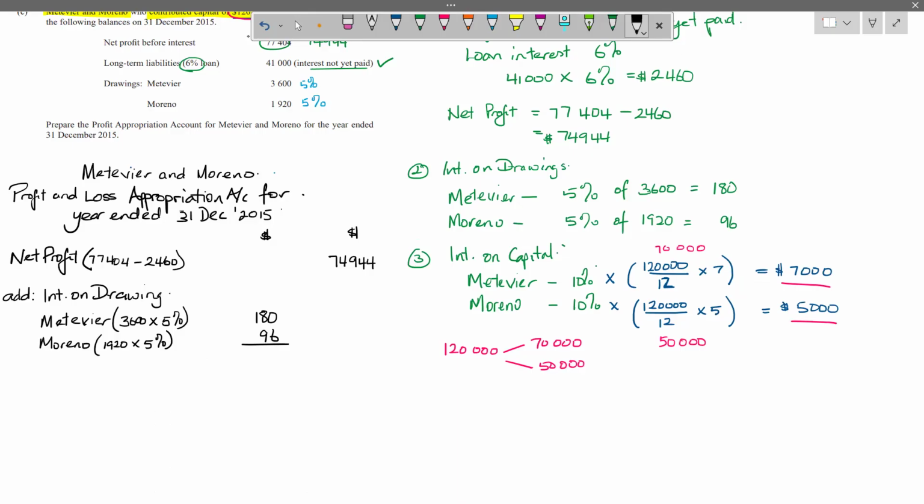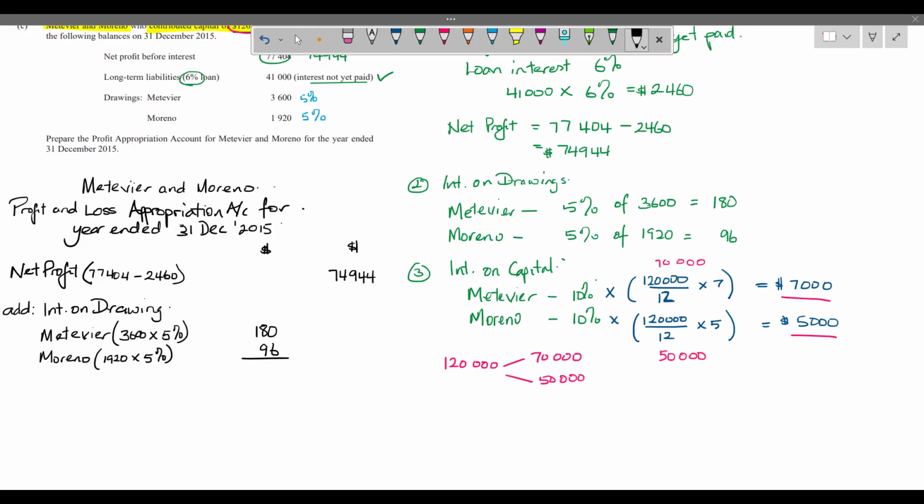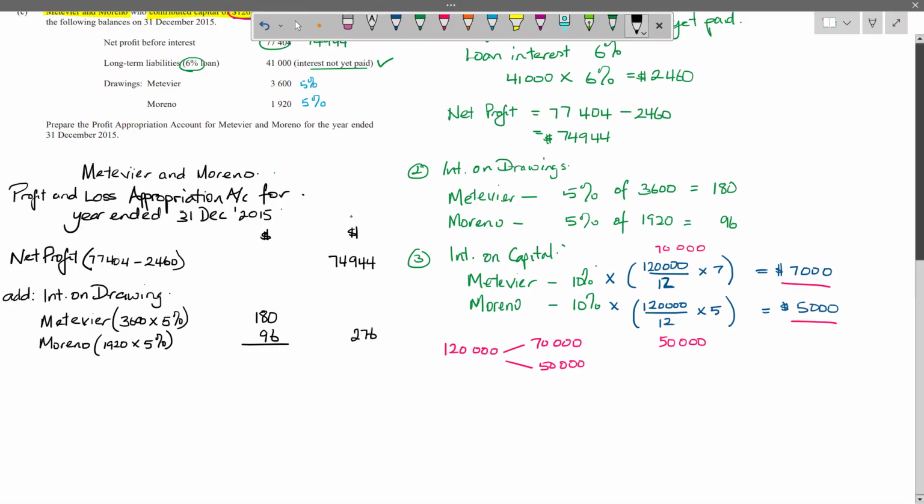Right. Now, I'm using this last column here as more totals or summation column. So as I calculate the interest on drawing, for each of these partners here, I will find the total of it, 180 plus 96. That's a total of 276. So this is going to be added to my net profit.